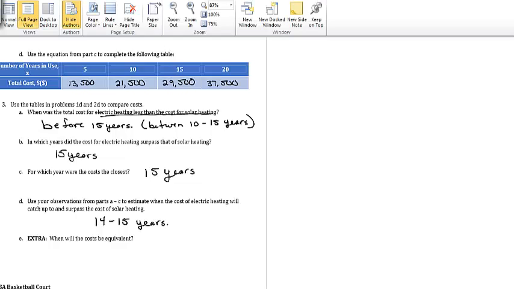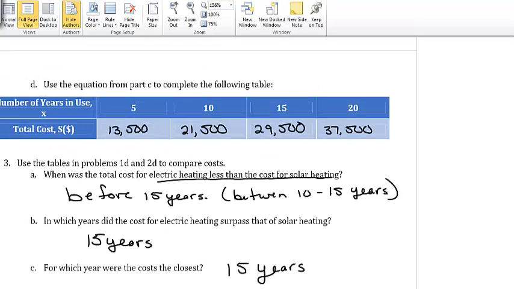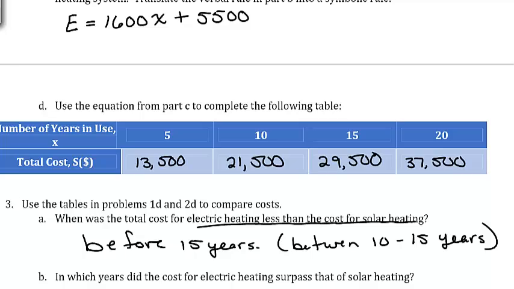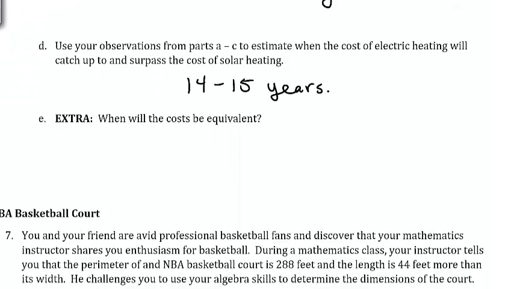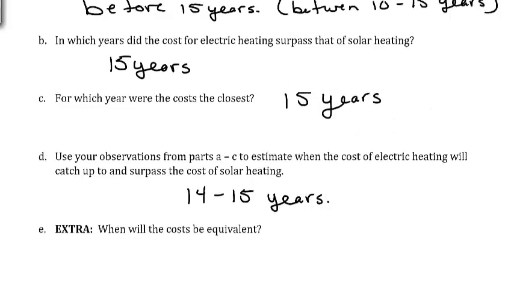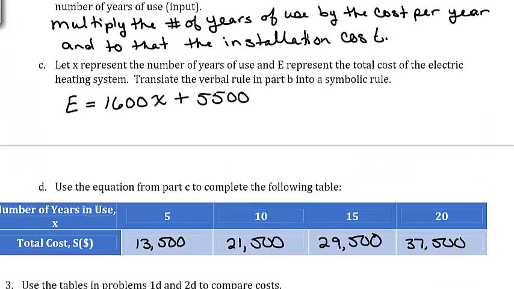And so I'm going to make my screen bigger now. And so this is not one of the problems in your book, but we want to actually do this calculation to figure out when these costs will be exactly the same. And so what we're going to do is we're going to take the expression for each of these costs and set them equal to each other.